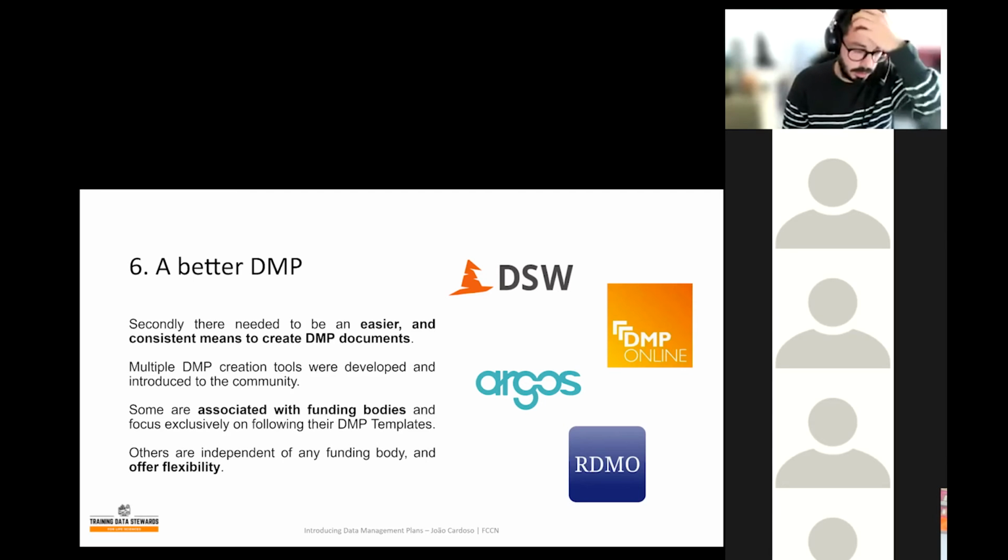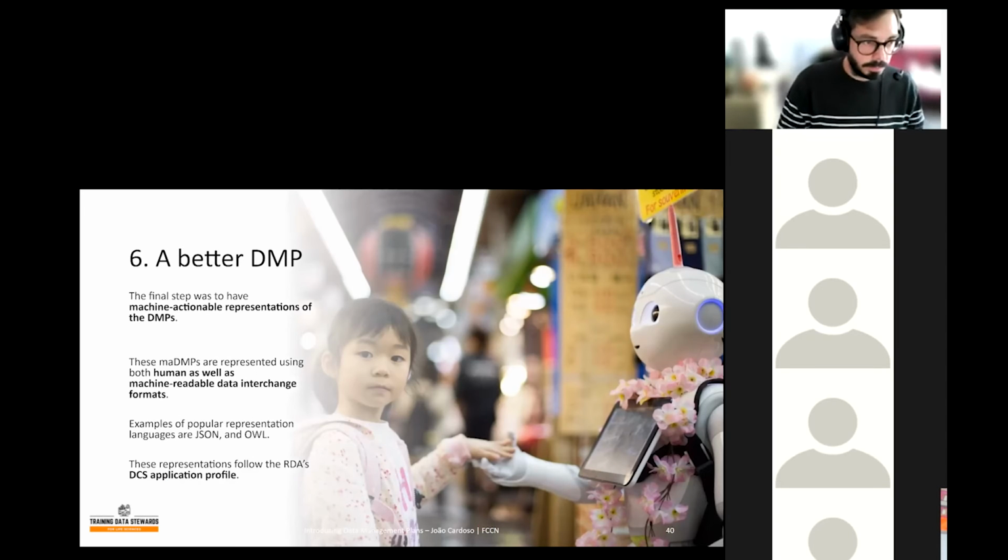Both of them are very good tools. We just happen to like Argos a bit better because we feel like it serves the community a bit better. And the Portuguese research data management community is going to do some training on this tool in particular as well.